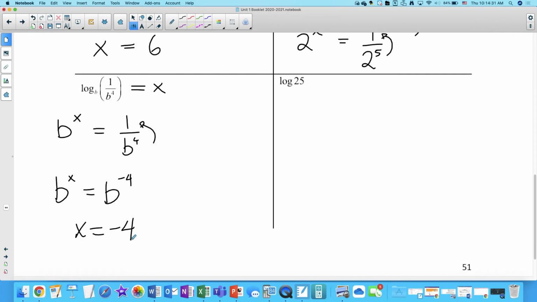This next one. So if I set this equal to a variable, I keep using x, but you can use whatever you want. What's the base of this logarithm? 10. Exponent is x equals 25. Okay. So is there a base that will work here?